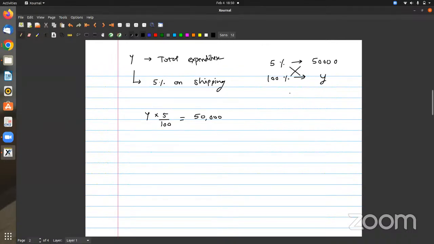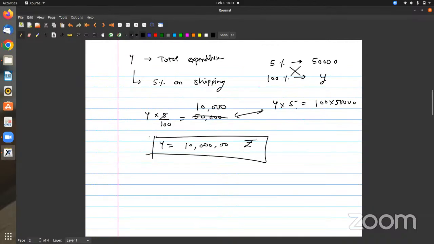If I do cross multiplication, it should come like Y into 5 is equal to 100 into 50,000, same as this, correct? Okay, sir, I got it.